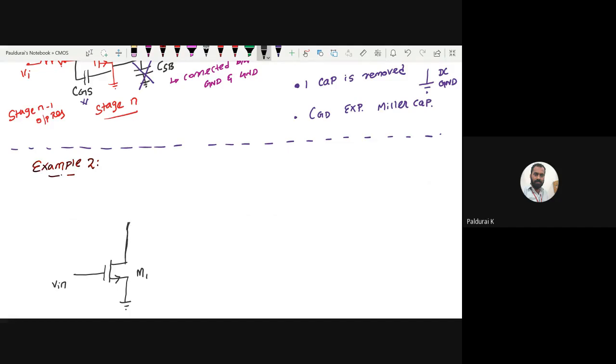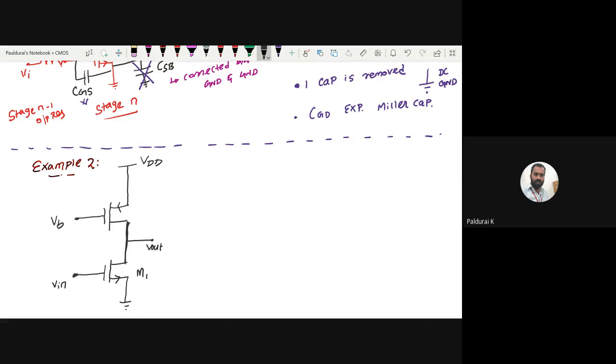Draw good spaces, there is a lot of space like this. Take this is my PMOS, right? It is giving current from VT. This is my VB. Here I am measuring output. Here I am giving input. Okay. So now find all the capacitors.